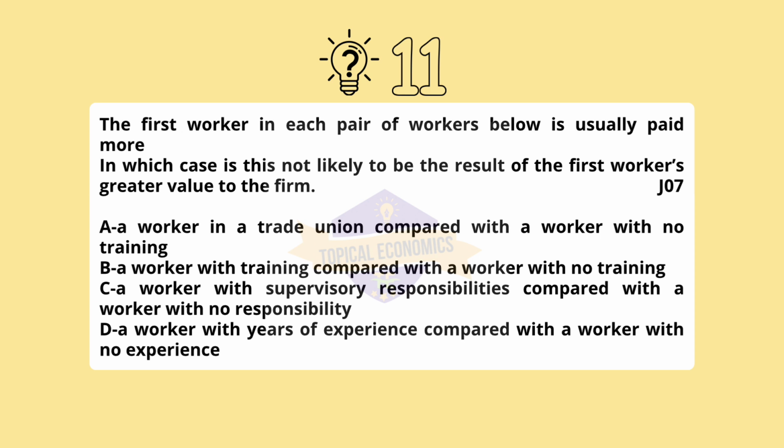Option B, a worker with training compared with a worker with no training. Option C, a worker with supervisory responsibilities compared with a worker with no responsibility. Option D, a worker with years of experience compared with a worker with no experience.